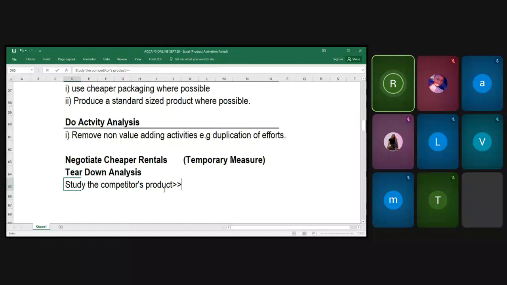So use the product to identify areas of improvement, e.g., cost cutting without compromising quality.